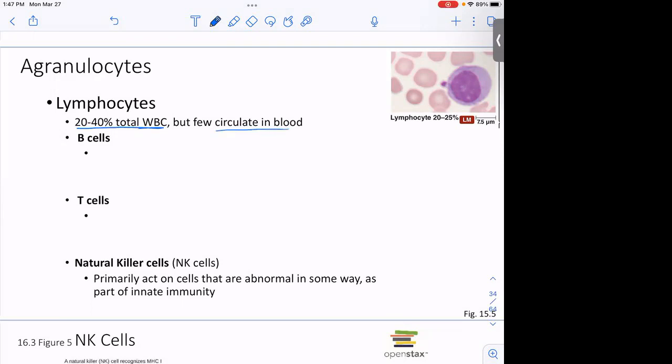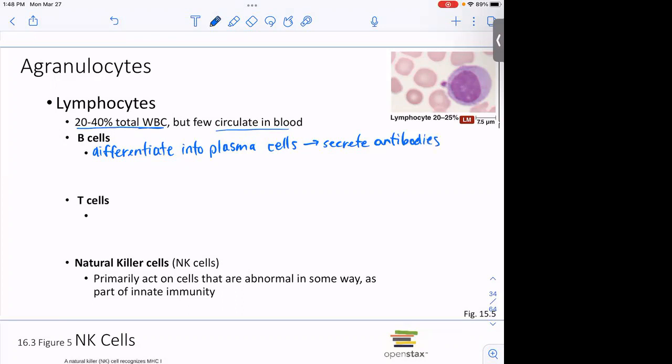So not a lot. Again, just as an overview, what do B cells do? They are going to differentiate into what we call plasma cells. And it's those plasma cells that are going to secrete antibodies.